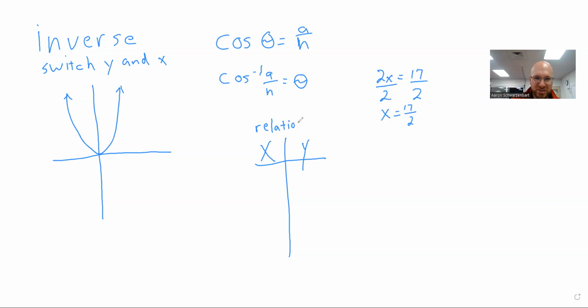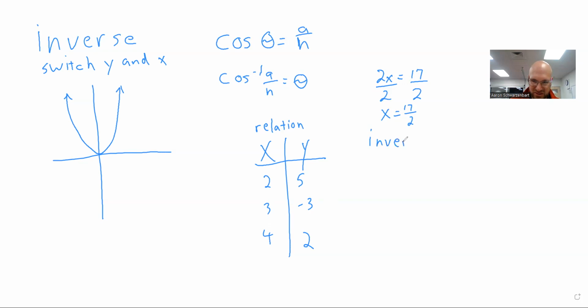Remember, a relation is just any relationship. A function is one where each x has its own y. Okay, so no x goes to 2 y's. So this is a function.